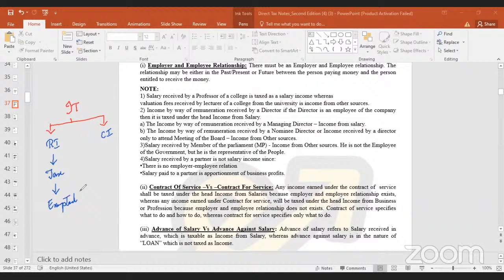Take an example, agricultural income: it is a revenue item. It is chargeable to tax, but it is specifically exempted under section 10 subsection 1. Even though it's a revenue item, it is exempted under section 10(1). It is not going to be charged to tax.